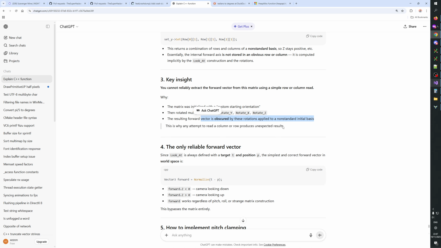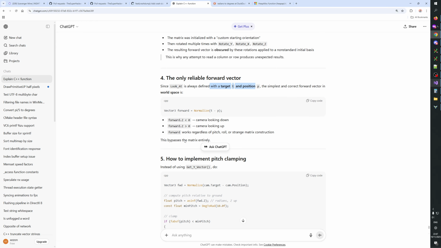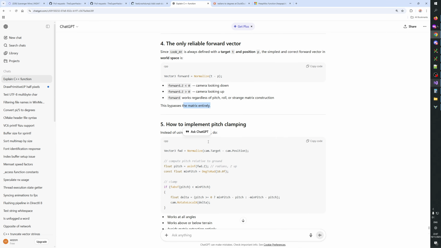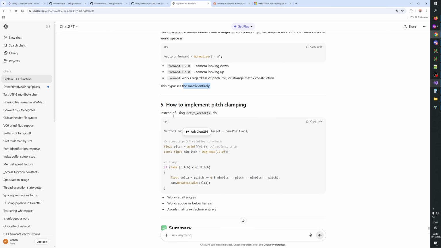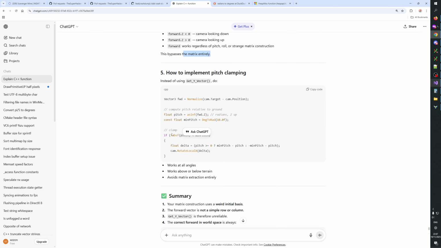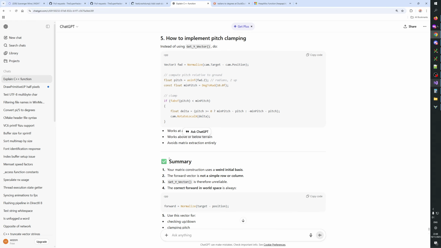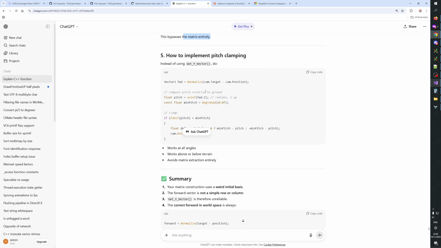Aha. This is why any attempt to read the column or row produces unexpected results. Yeah, we can do that.